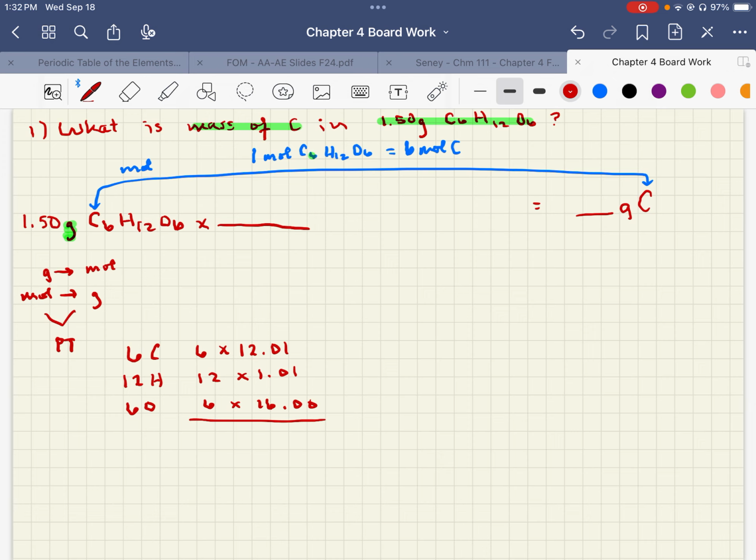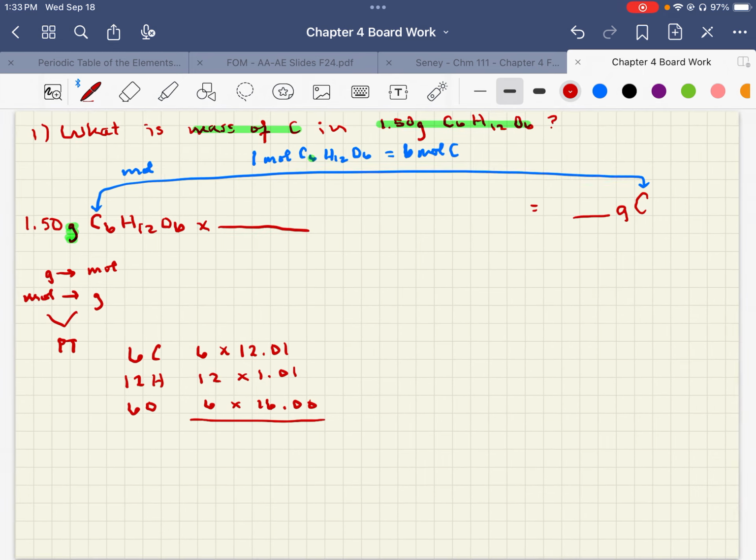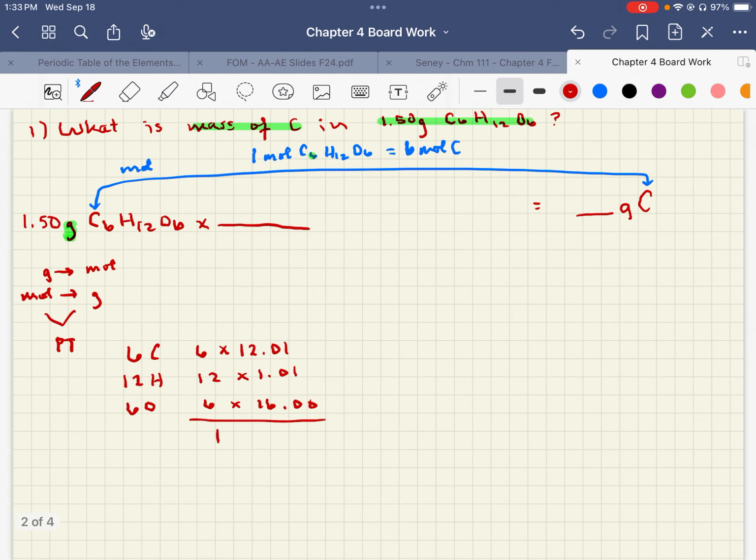You can pause the video and see if you get the same as I do. I end up with 180.16 grams of that compound per mole.